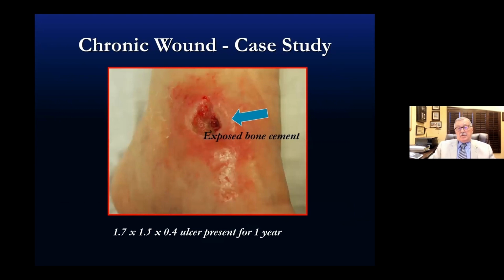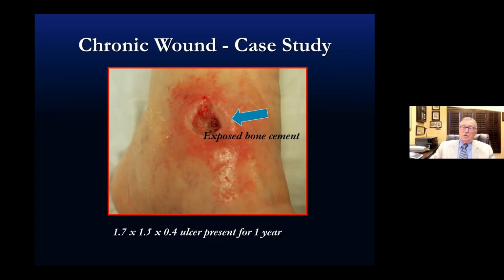This is another very interesting patient. This patient had had a wound present for a year. This patient had a neuroischemic wound. He had a degree of vascular insufficiency and a degree of neuropathy.